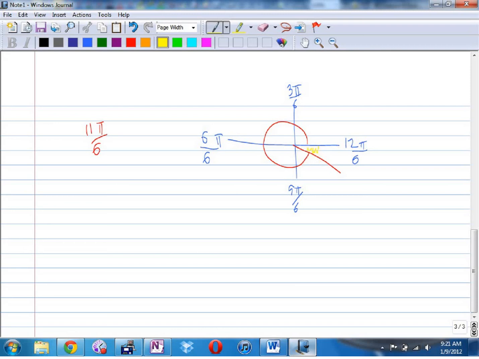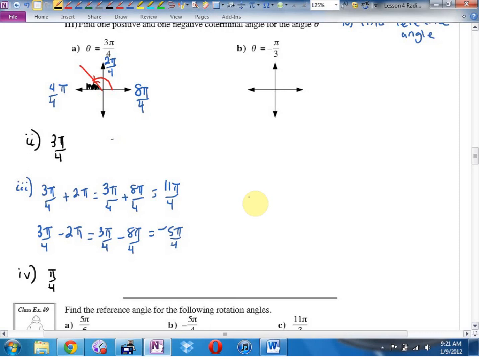Some of the denominators aren't quite so nice, like thirds, but that's okay. Part B. Well, actually, it says negative, so this is going to be negative, except what's my denominator here, Eric? I'm going to call it negative 3 pi by 3, and that makes this negative 6 pi by 3.